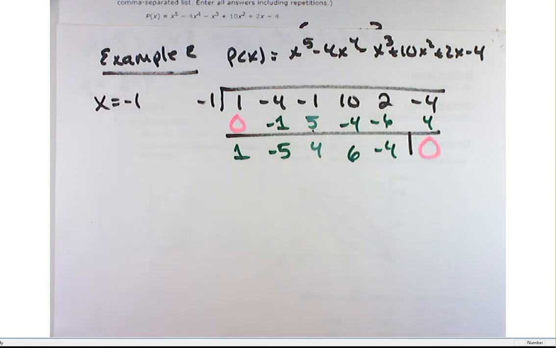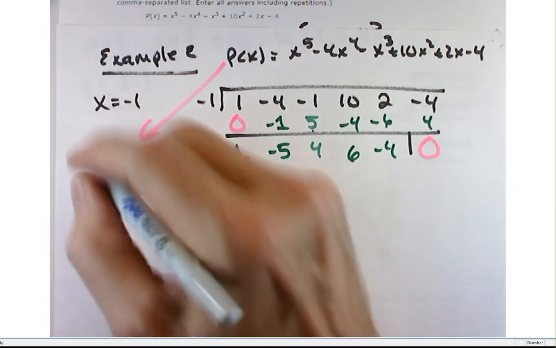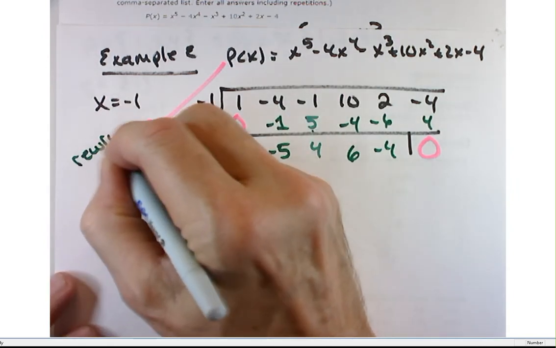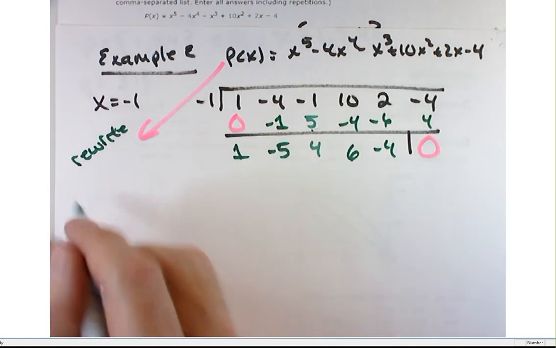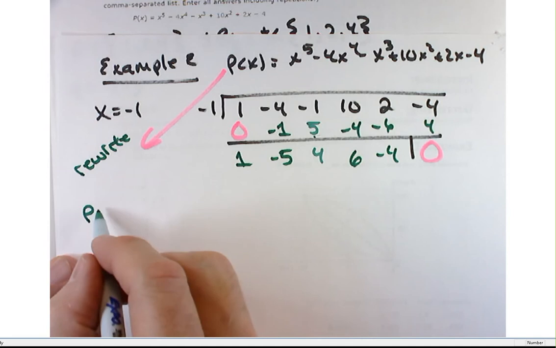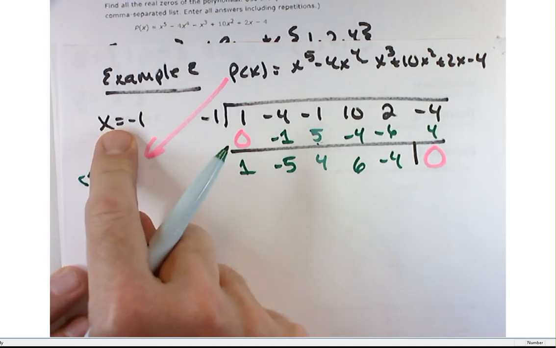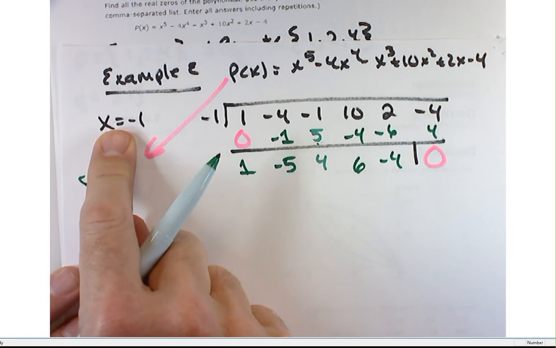That allows me to rewrite this polynomial. I'm going to regard that as P of x is, what binomial corresponds to x equal -1? X plus 1.